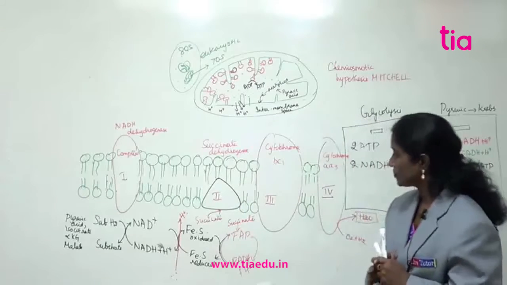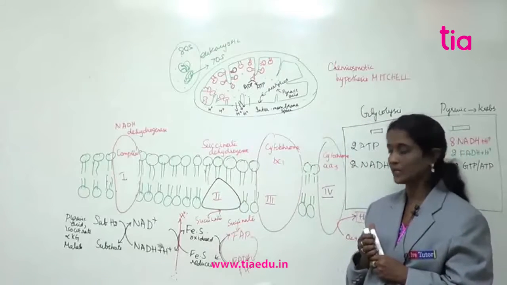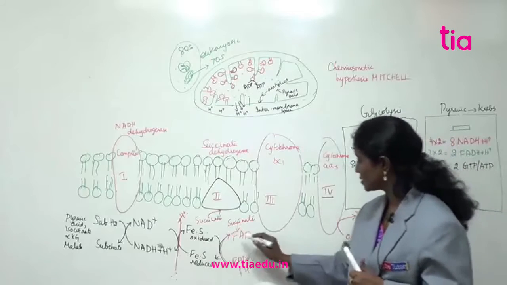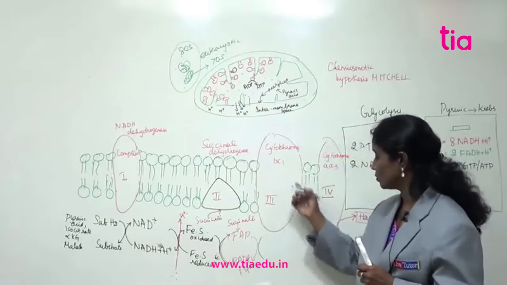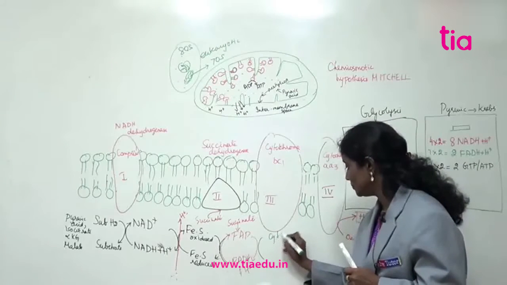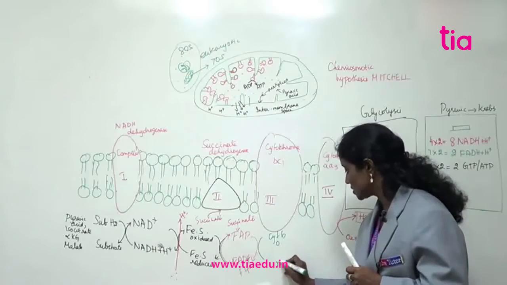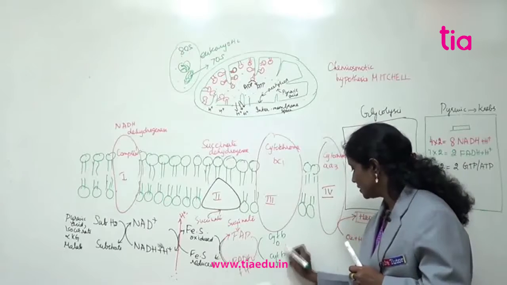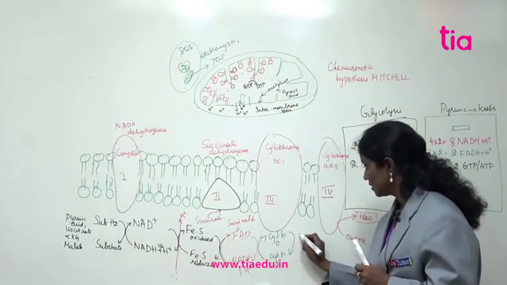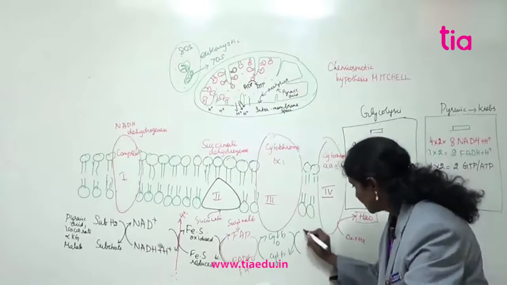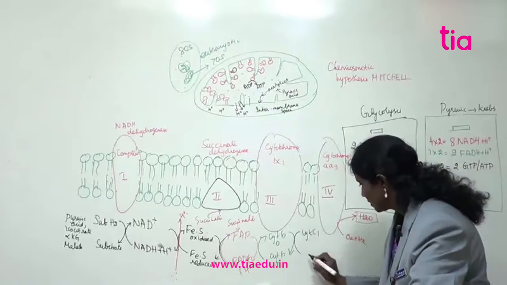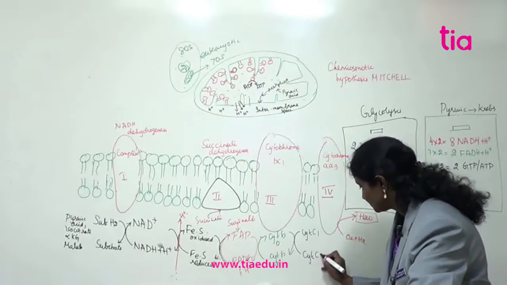Come back here. Now that FAD, we come to cytochrome BC1. Cytochrome B, oxidized, reduced. Then cytochrome C1, oxidized, reduced.